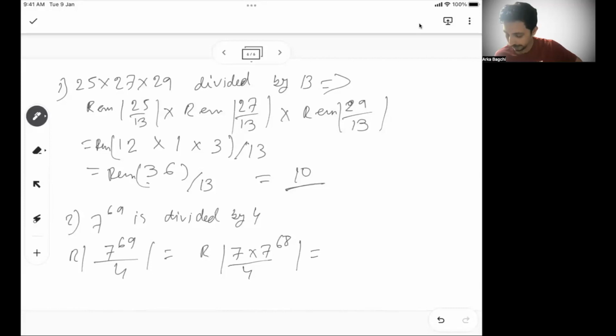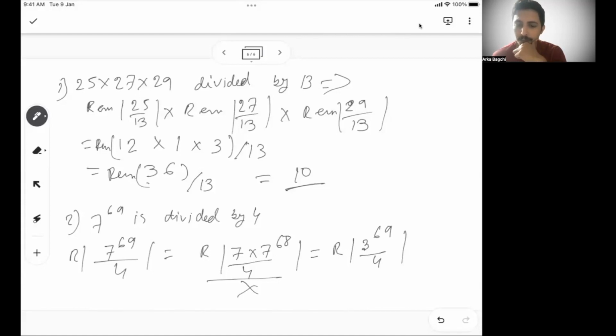In this case, if you divide 7 by 4, it will basically be the same as writing the remainder of 3 to the power 69 by 4. You don't need this step actually. So for 7 to the power 69, if you divide by 4, 7 gives a remainder of 3. So it's basically nothing but the same way of writing 3 to the power 69 by 4.